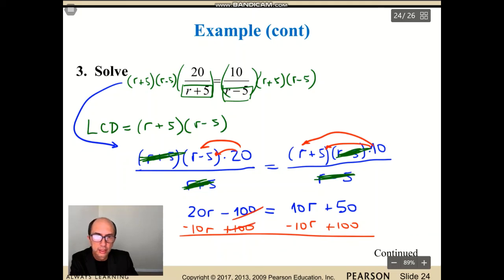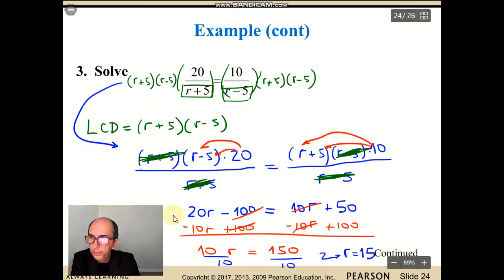Then 10r equals 50 plus 100, which is 150, and divide both sides by 10. We find finally r equals 15, and 15 is the rate, 15 miles per hour.